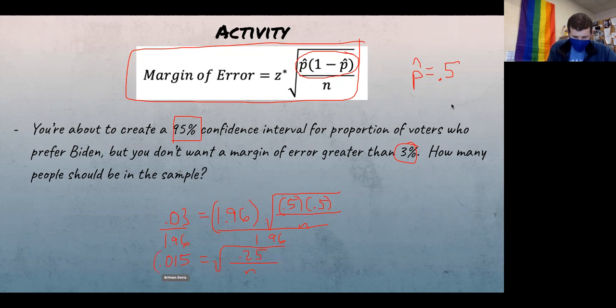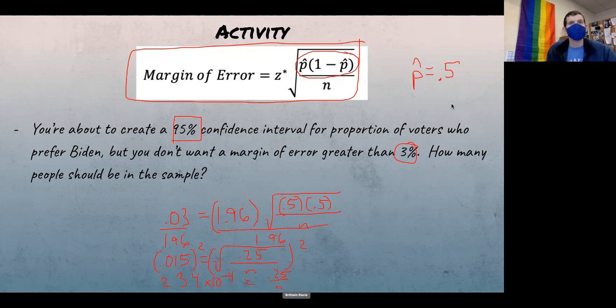What I did is I squared both sides. And so that gave me an even smaller number, which is essentially 2.34 times 10 to the negative fourth equals 0.25 over n.